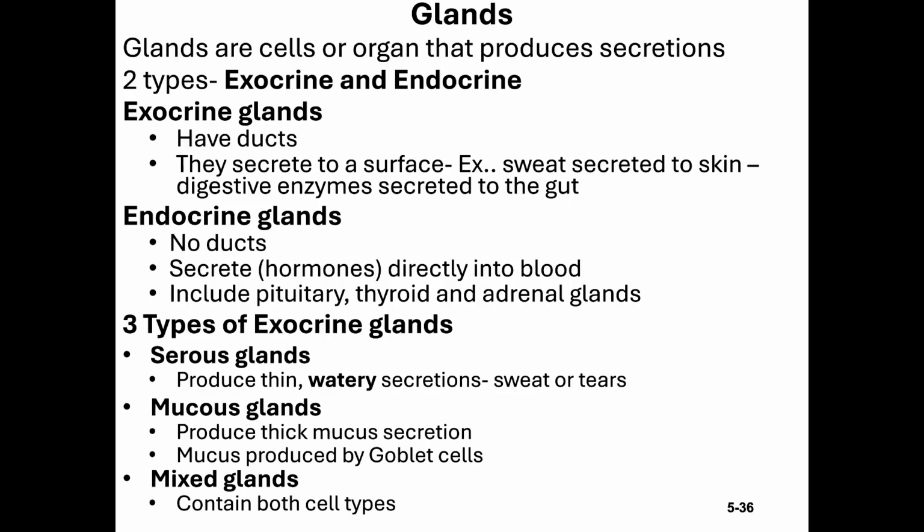Whereas endocrine glands, they have no ducts. So the secretions are pushed into the blood. And the blood carries it wherever it has to go. So that's the difference between exocrine and endocrine.